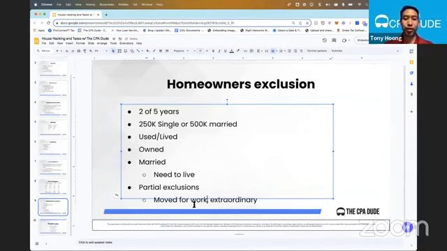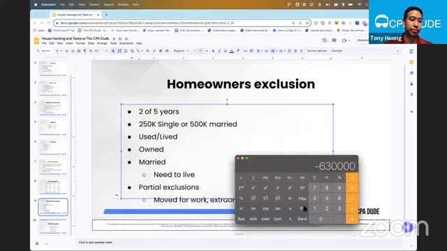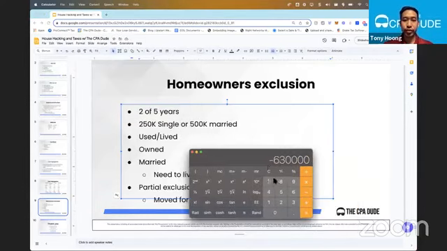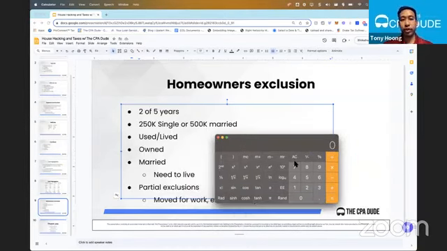You can't just move for fun. You move for work, or you had an extraordinary cause, right? Like a parent got sick and you have to pick up and move to take care of them. So how the partial exclusion works here: let's say you're married, so 500K, and you lived there 12 months of the 24 months.